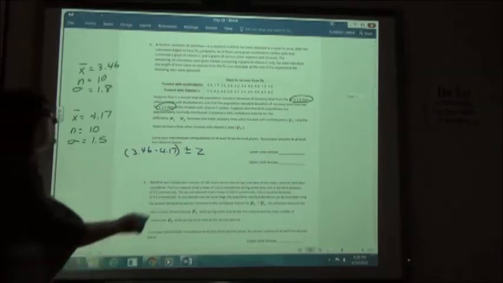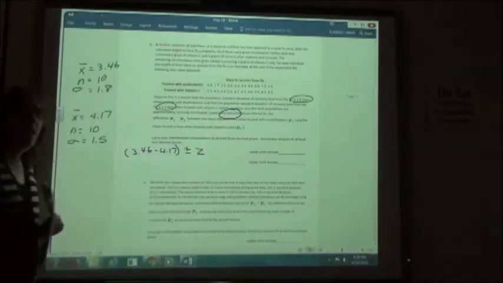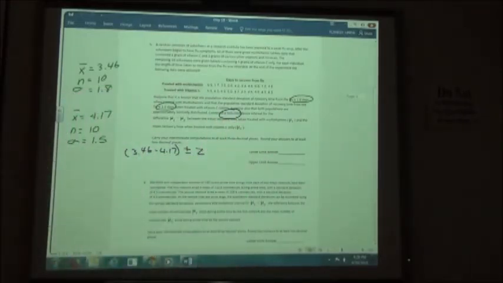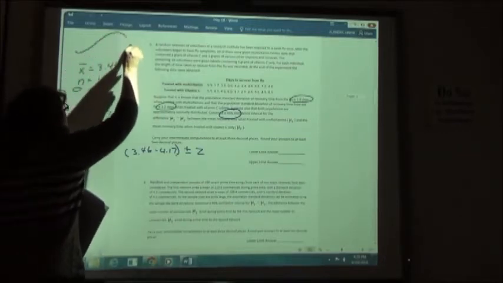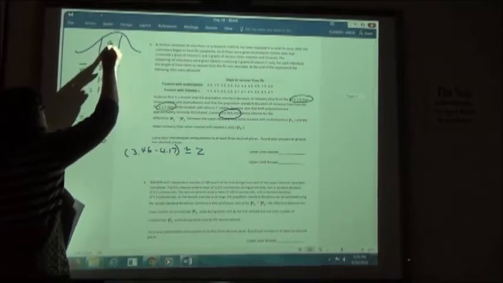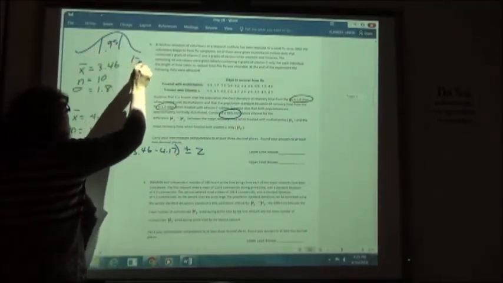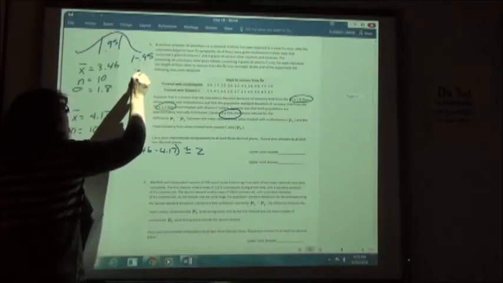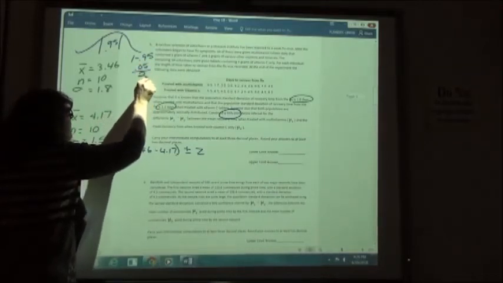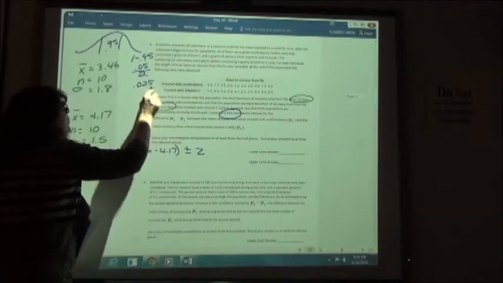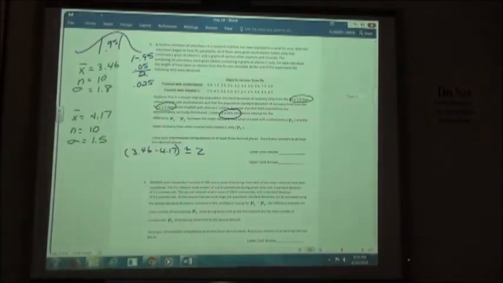My confidence level is 95%. I'm not sure if they all use 95%. They might, but just keep in mind if they don't, we're saying 95% is in the middle and we're finding out each end. So we did 1 minus the 95%, which was 5%. We divided it by 2, so we use 0.025. If they use 95%, you're always going to use 0.025 there, right?